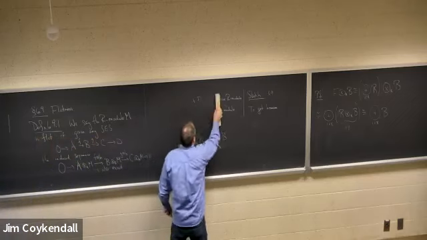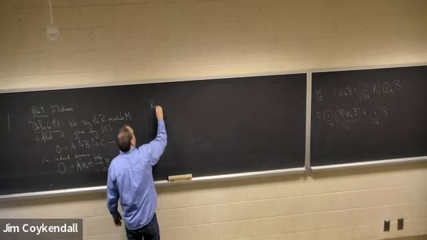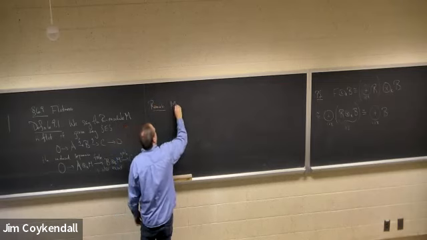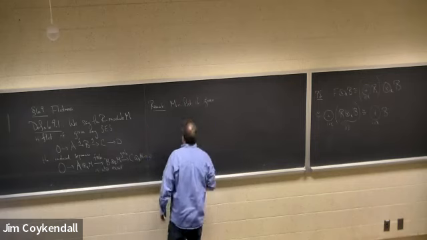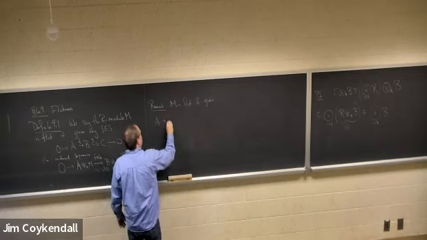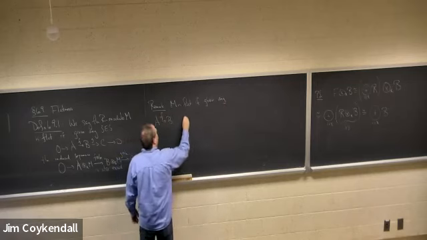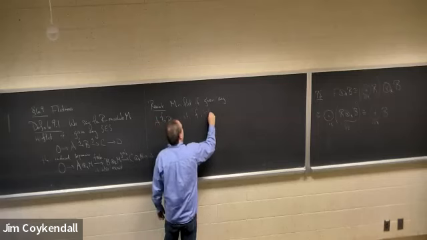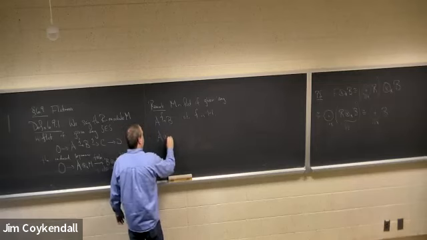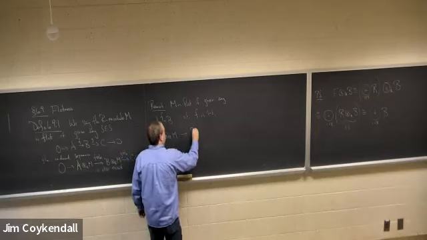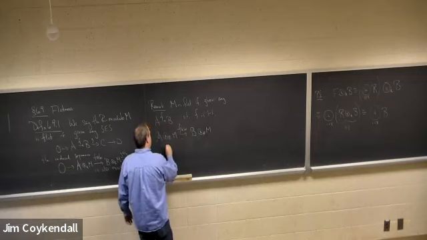A flat R module. Let me make a remark here. If given a map F from A to B such that F is one-to-one, then F tensor the identity on M is also one-to-one.